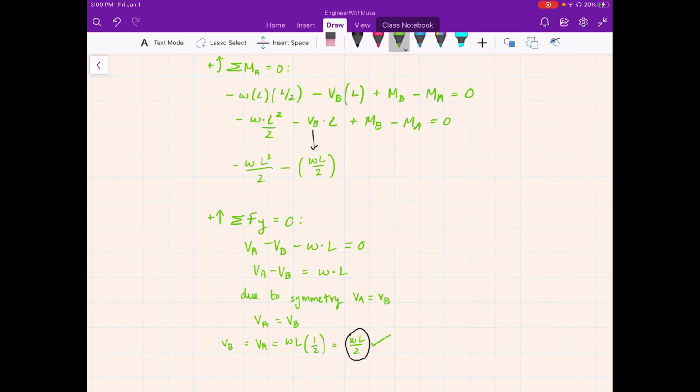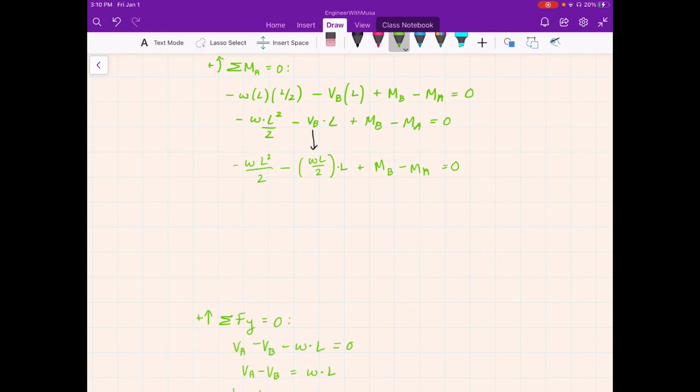Then times L plus MB minus MA is equal to 0. So now let me just move this down a bit. And then we have minus omega L squared over 2 minus omega L squared over 2 plus MB minus MA is equal to 0.